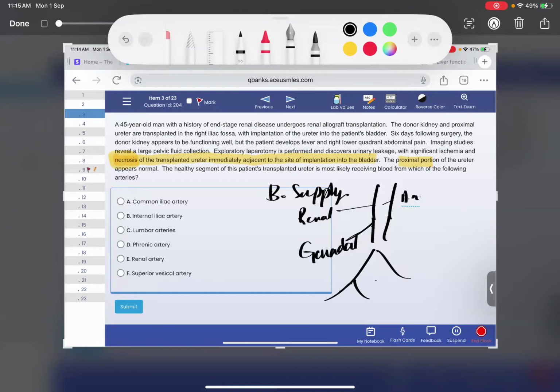So how is the ureter being supplied? Proximally, by the renal artery, right? And distally, by the gonadal, common iliac, internal iliac and branches of these, like the vesical arteries and others, right?